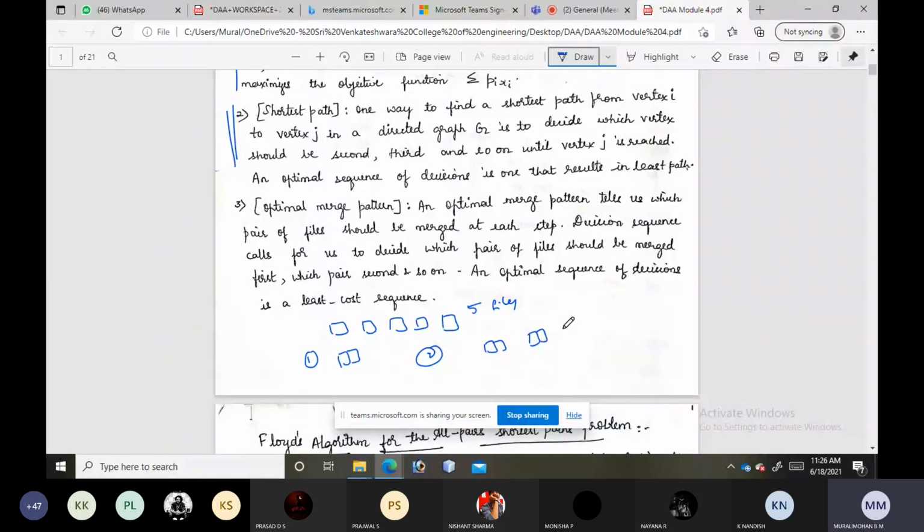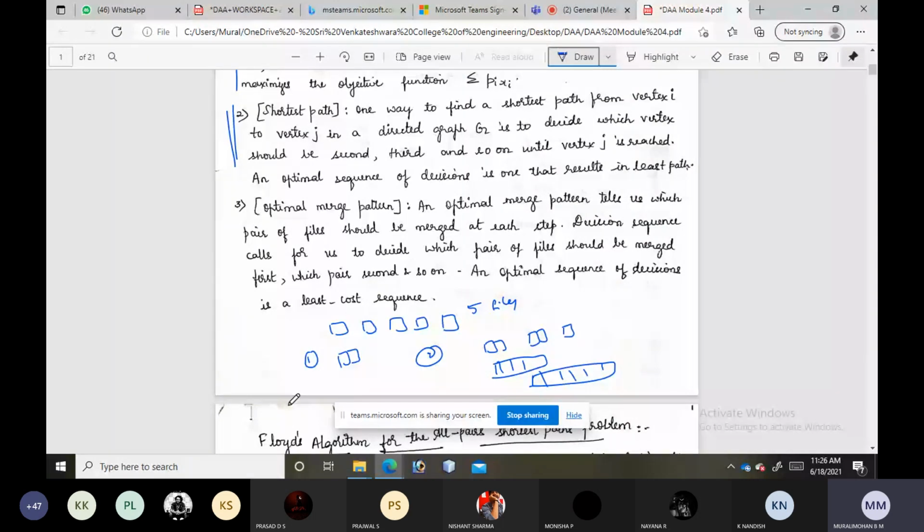Next, we can merge this one, and finally that one, right? So we are merging one by one. This is how we should decide. We are making decisions in a sequential manner so that it leads to a least cost sequence, right?